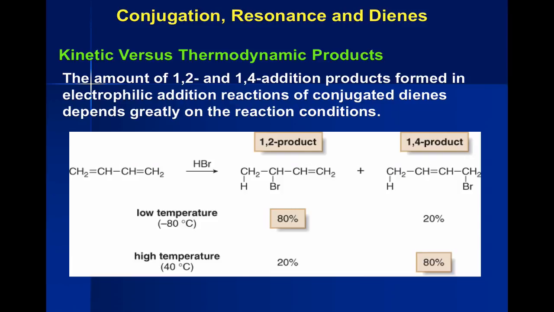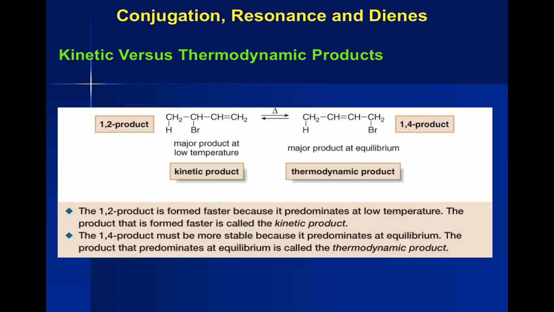However, at high temperature, we see exactly the opposite. At high temperature, we see 20% of the 1,2 product and 80% of the 1,4 product. And it also turns out to be very interesting that if we take this 1,2 addition product that we isolated at low temperature, and we heat it up to 40 degrees, eventually it will equilibrate to the 1,4 addition product as well, as you can see here.